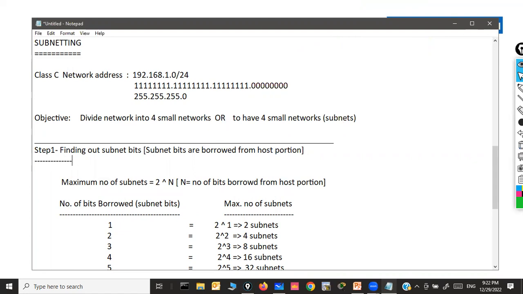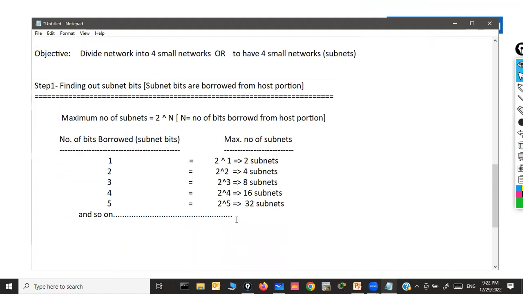Once decided, let's say we have determined the subnet bits, and what's the final conclusion now? Subnet bits is equal to 2 and host bits 6. I'm taking only one example today.